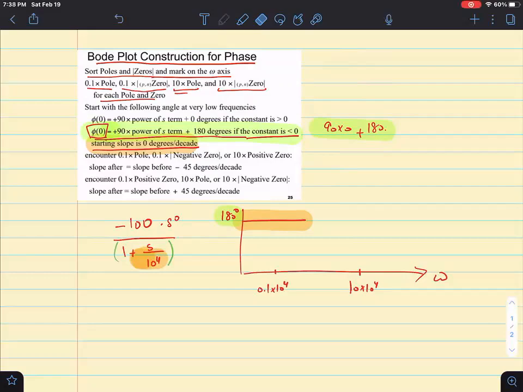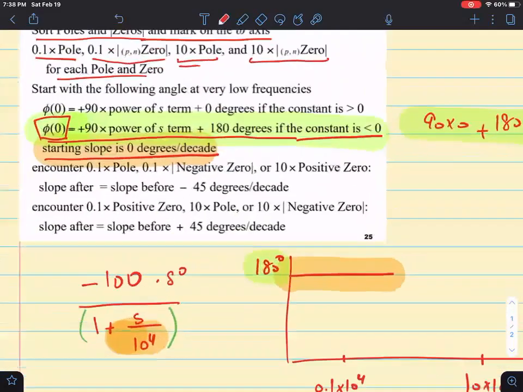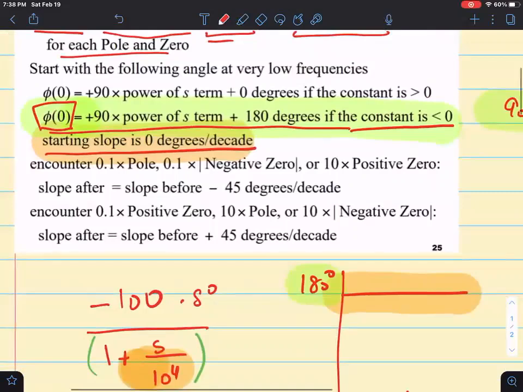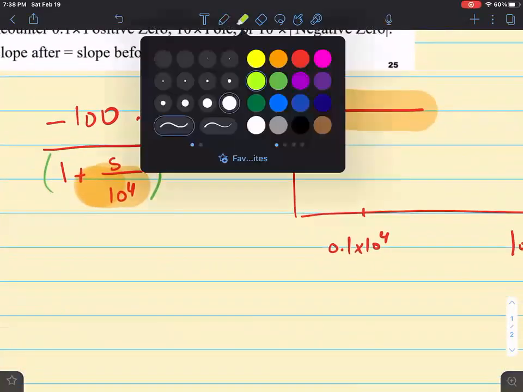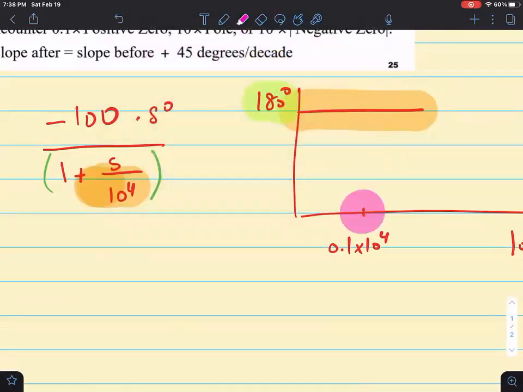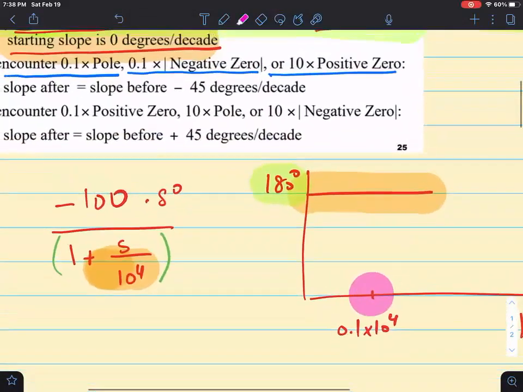So let us see what the rule tells us here next. Now, the rule says that if we encounter 0.1 times pole or 0.1 times negative 0 or 10 times positive 0, in reality here, the first entry that we hit is a 0.1 times the pole, right? Because my pole is here, okay?